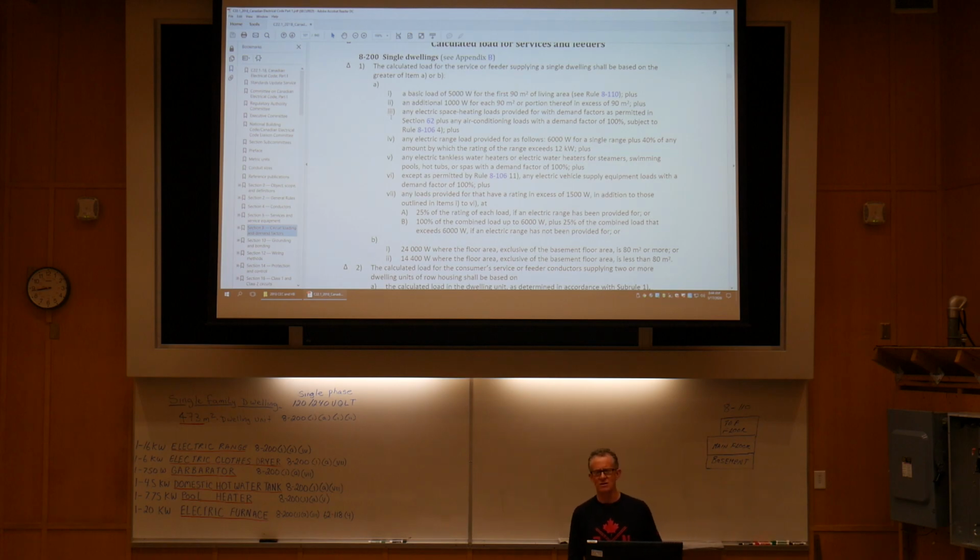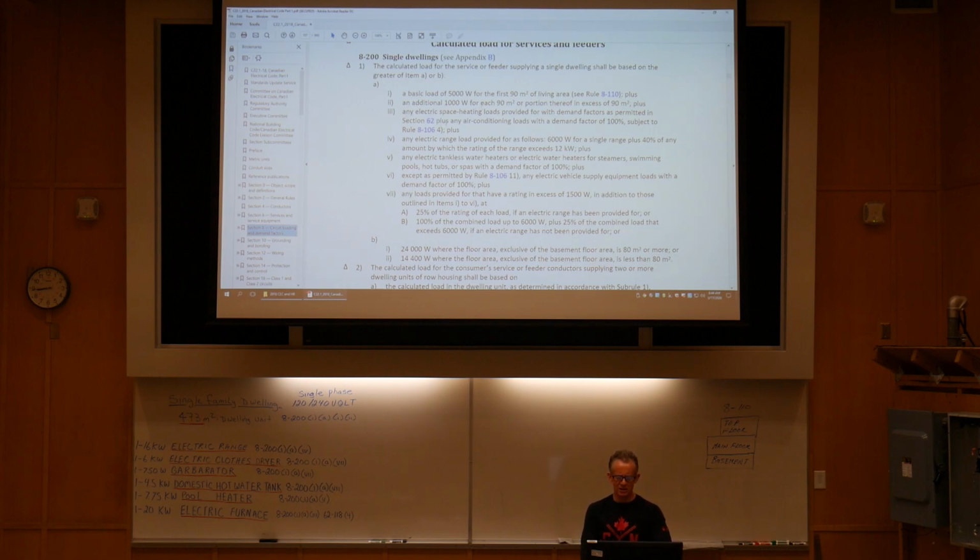They're not that hard. It's more repetition work than anything. So we have a basic load of 5,000 watts for the first 90 meters squared living area, additional 1,000 watts for each 90 meters squared or portion thereof. So that means if it's 1 meter, 0.1 meter over 90 meters, you must put in an additional 90 meters. You'll see that when I actually do it on the whiteboard.